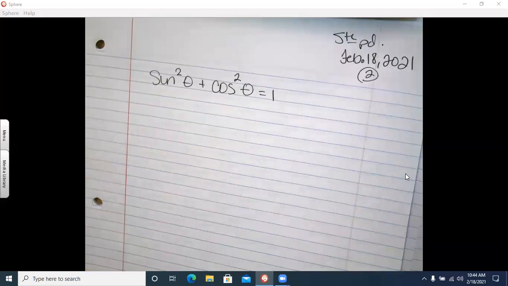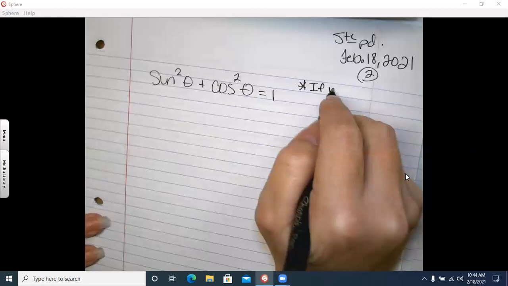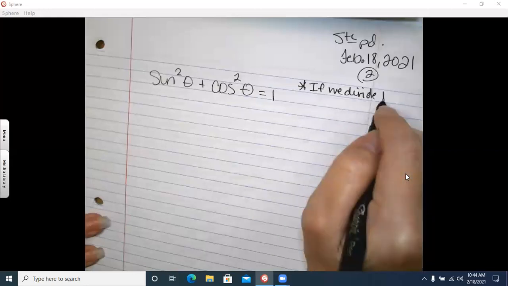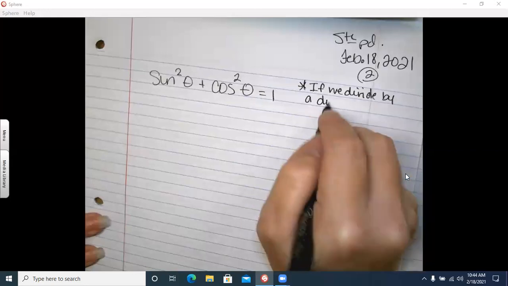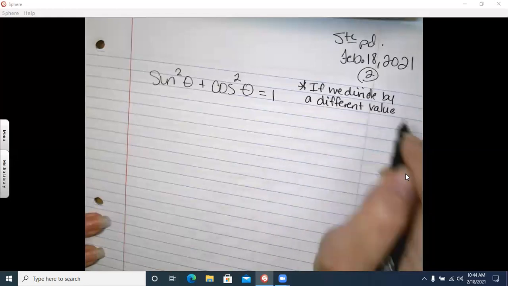Okay, over here on the side, I'm going to say if we divide by a different value, we can arrive at the third identity.